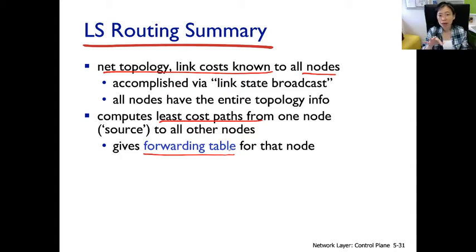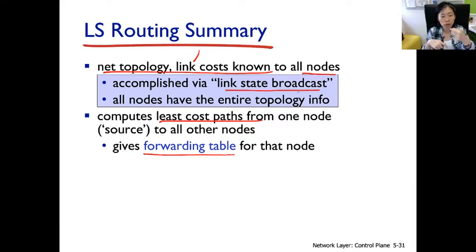Now, the only part I'm going through really quickly without mentioning much is how we get the total network information so we could apply the Dijkstra algorithm in the first place. That is done through link state broadcast. Each node in the network is going to generate a link state report based on very local information.